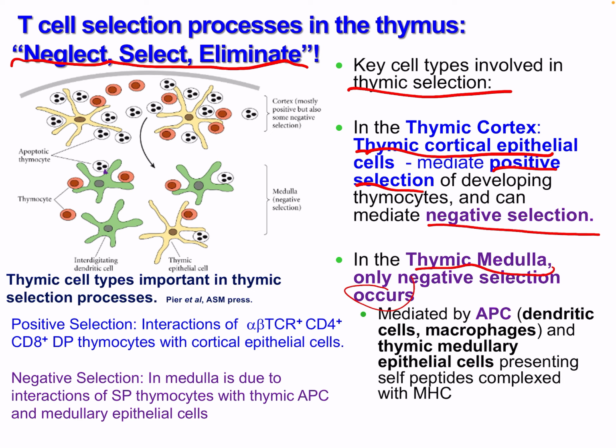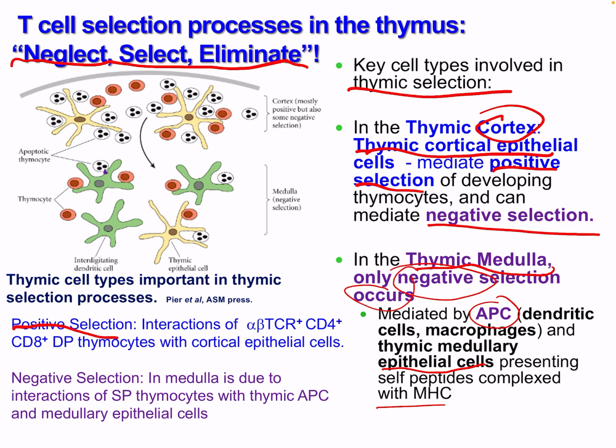So again, in the cortex, we can have both. That's where positive selection occurs, but we can also sometimes have negative selection. But in the medulla, only negative selection occurs, which is mediated through APCs, including dendritic cells, macrophages, and thymic medullary epithelial cells, presenting self-peptide complex with MHC.